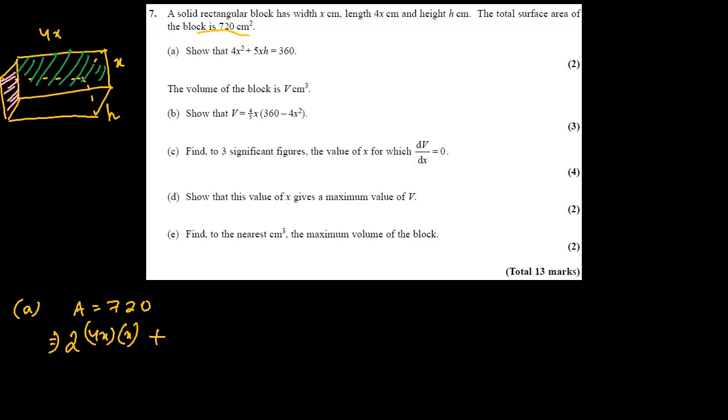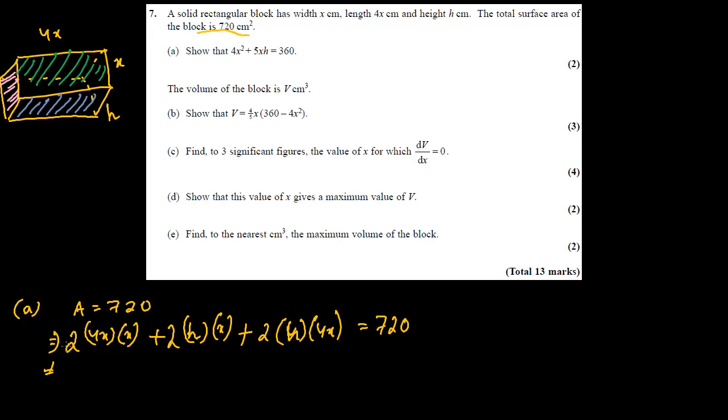So this would be again length into breadth, which is h into x, and since there are two over here, this would be 2 into that, plus now the other two shapes, they're going to be this one and the one on the other side. So this would be 2 into x, we have h, and we have 4x, and this is altogether equals to 720.